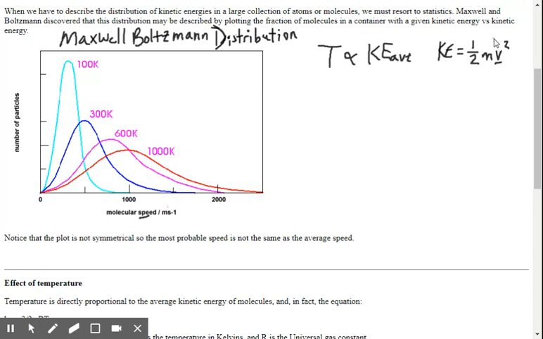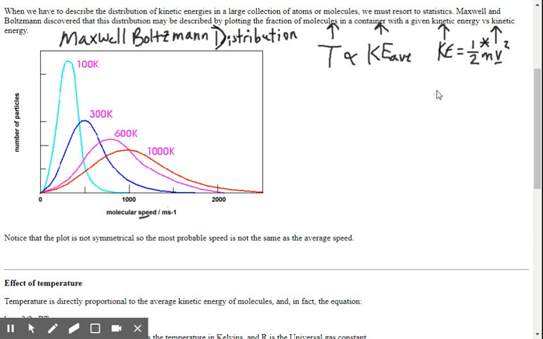So if these molecules are the same mass and moving at a faster speed, they have a greater kinetic energy. And because kinetic energy is proportional to temperature, if I increase the kinetic energy of some molecule, the temperature of that molecule increases as well. So this is the big concept that you have here.